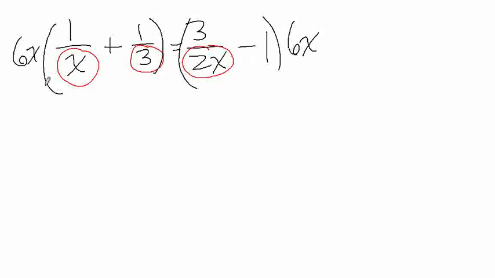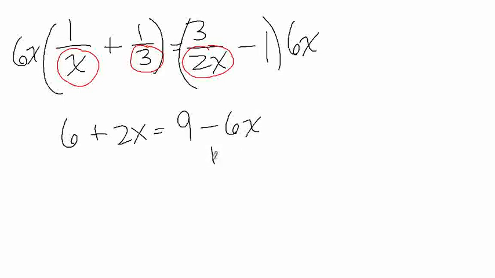And now let me distribute the 6x. 6x times 1 over x gives 6. 6x times 1/3 gives 2x. Let's do the other side now. 3 over 2x times 6x gives 9. You can work that out if you can't see that in your head. And then 6x times minus 1 gives minus 6x. All right. Now I just love how much nicer the new version looks.